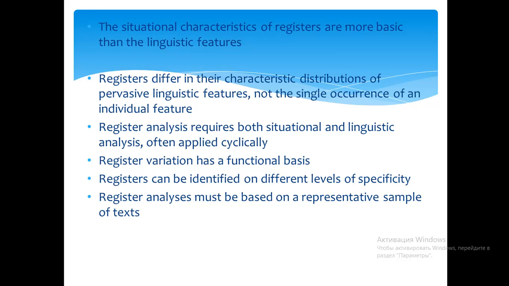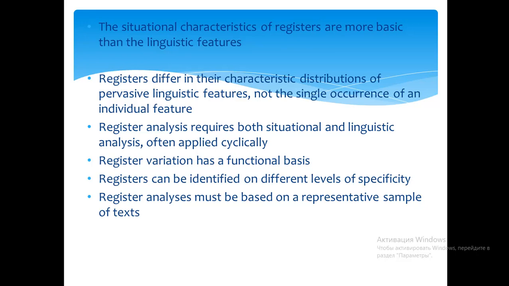In other words, the relative distribution of nouns and pronouns differs greatly between conversation and newspaper writing. The linguistic analysis of registers is based on such differences in the relative distribution of linguistic features, which are especially common and pervasive in some registers but comparatively rare in the other registers.